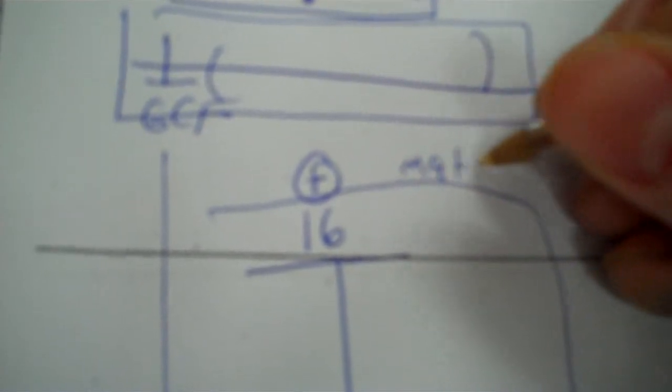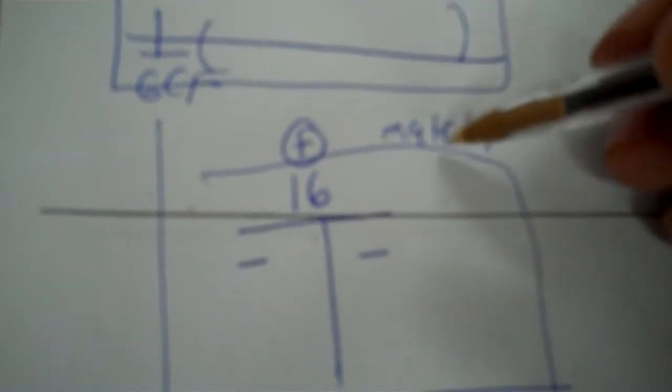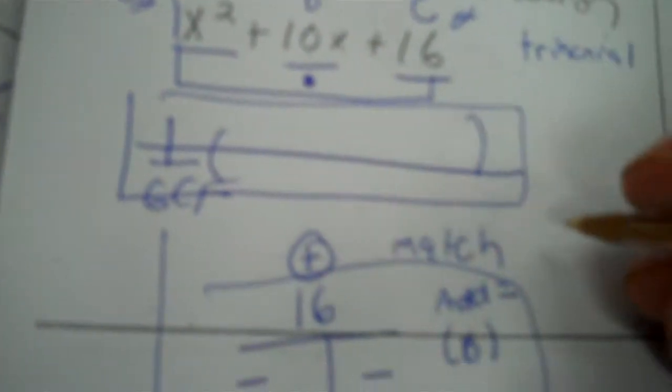Now, if it's positive, the signs would have to match. So put in two negative signs. You can put in two negatives or two positives. They just have to match. Now, the factors have to add to what your B is, which is positive 10. Just put positive 10 there.